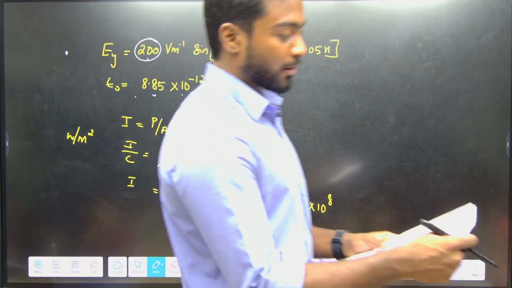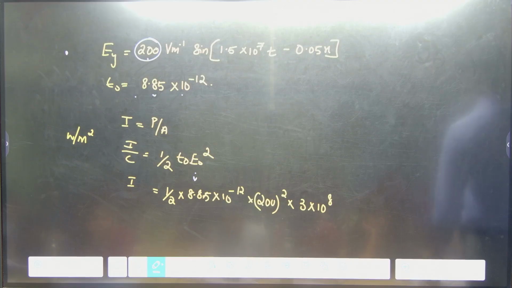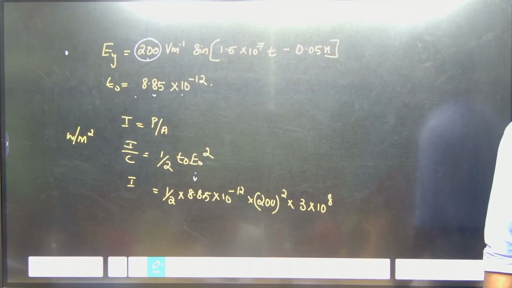And the value of C is equal to 3 into 10 power 8, they have given. In bracket you can write C is equal to 3 into 10 power 8.